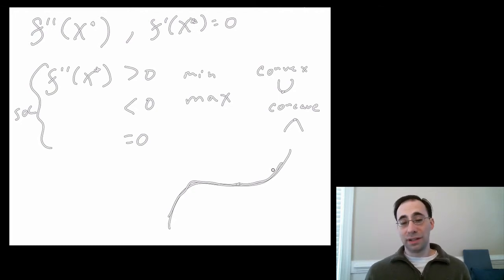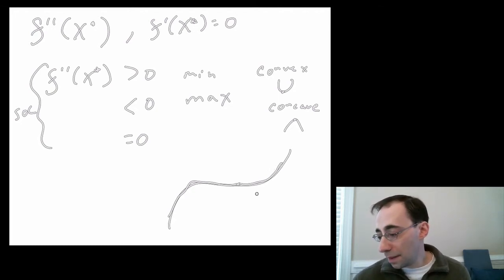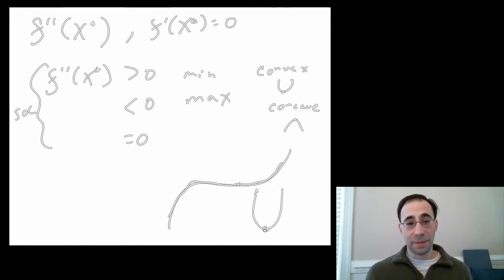For an example of that, consider x to the fourth. This is x to the fourth. There's a clear minimum down here, despite the fact that x to the fourth has a third derivative of 0 at 0. You can check that.